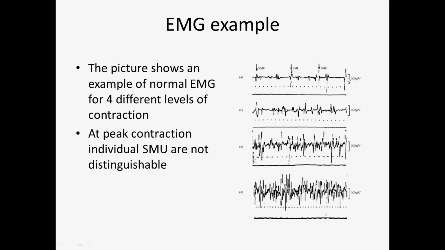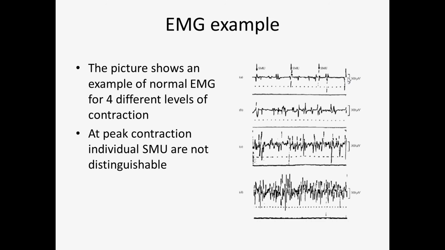So these are recordings of single motor units. That means a very low contraction, so that the electrodes pick up the spikes of those individual motor units that are spiking.